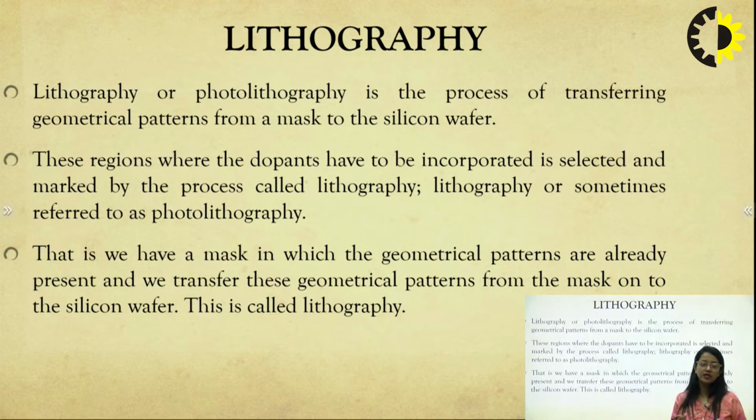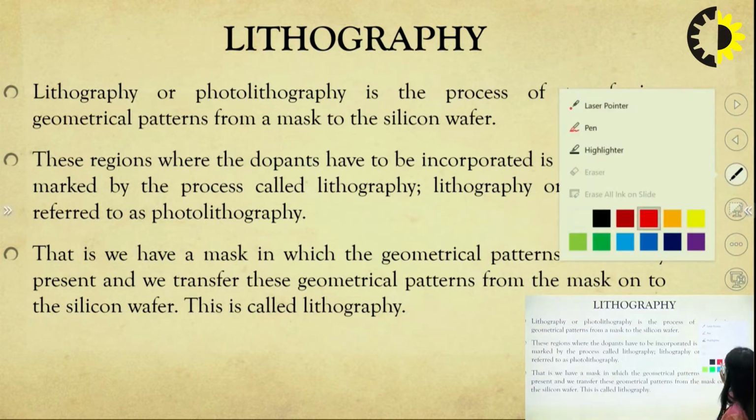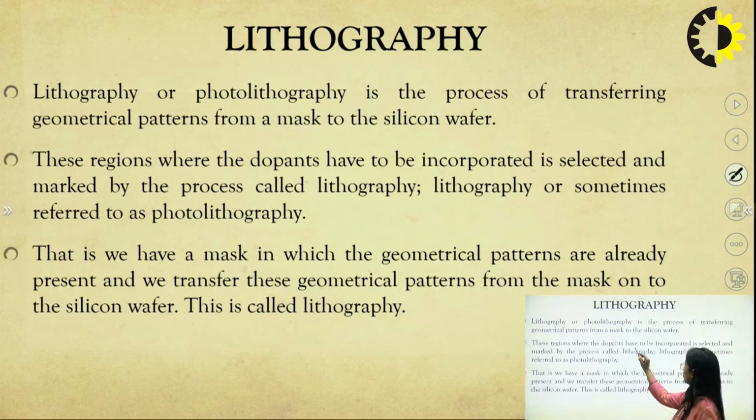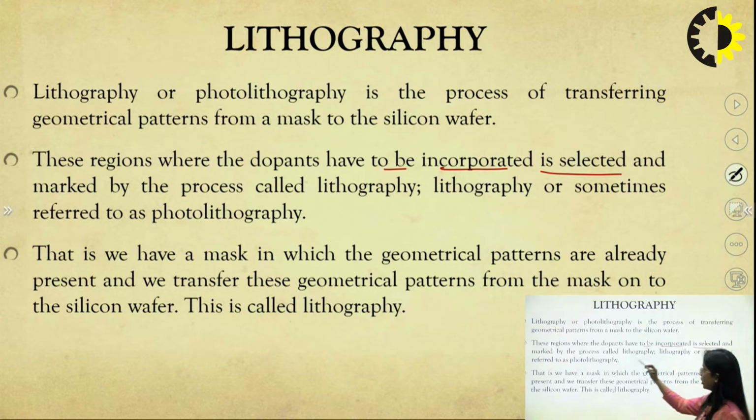So lithography will help me when I talk about removal of a specific layer from a specific point, from a specific dimension. The regions where the dopants have to be incorporated are selected and marked by the process called lithography.